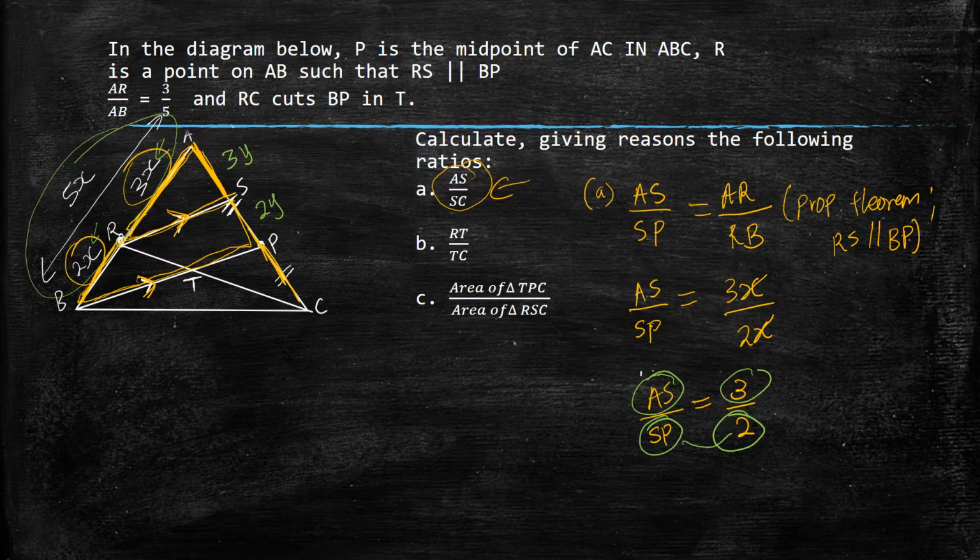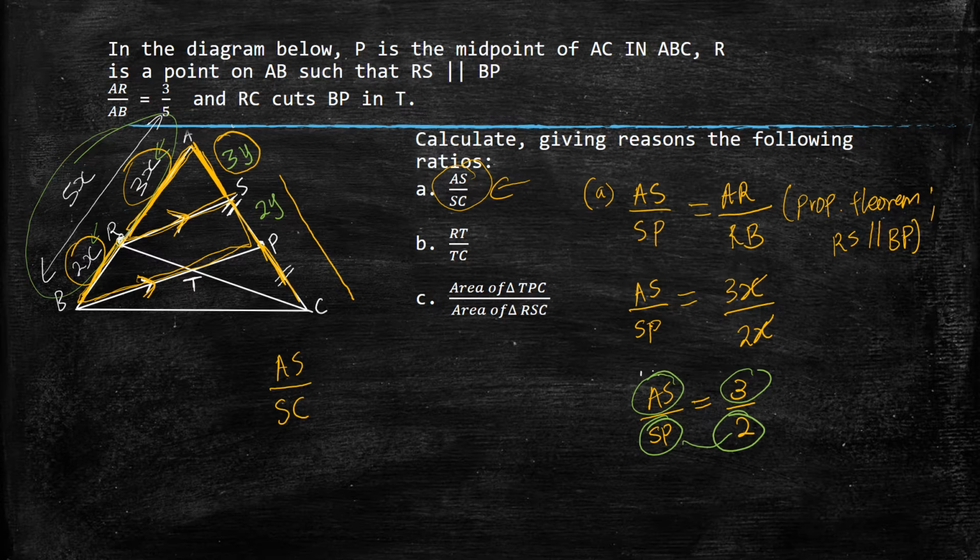Now look at this. The ratio wants us to get the ratio of AS over SC. Can you see that so far we only know AS, which is 3y, right? We don't know SC, but we can calculate SC. Why?